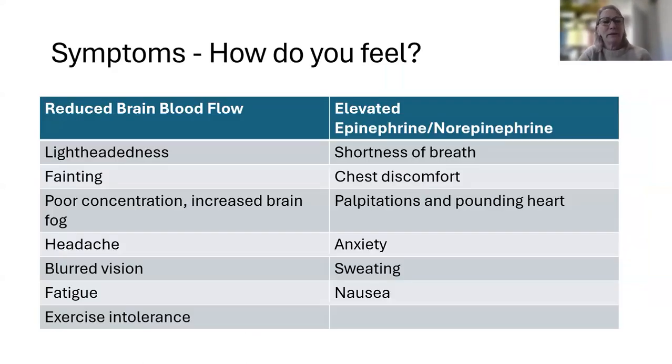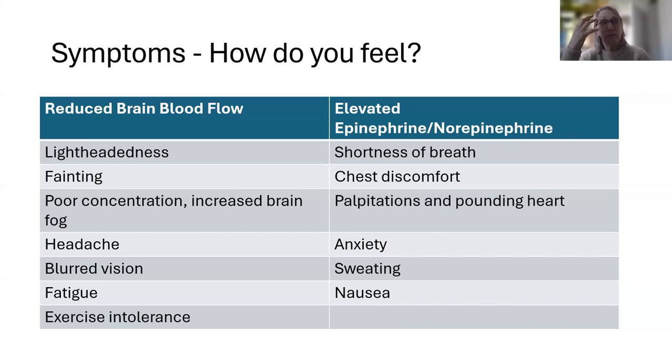So how do people feel? What are the symptoms of orthostatic intolerance? For those who have the reduced brain blood flow because of the pooling, you get a slightly different effect from those who have the high levels of epinephrine and norepinephrine. Reduced brain flow causes things like lightheadedness, fainting, really poor concentration, nausea, fatigue, a lot of muscle weakness, blurred vision, and headaches.